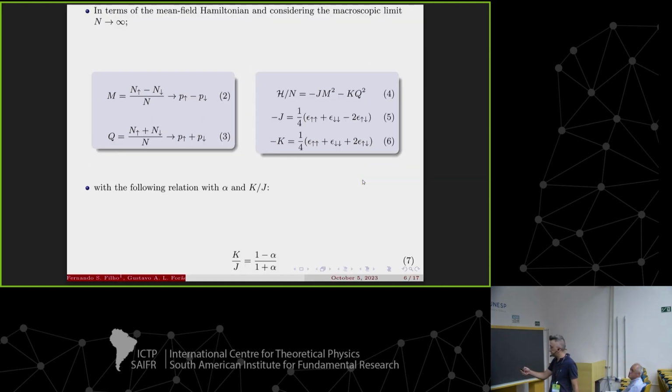If the system presents a cooperative behavior, you can describe it in terms of order parameters, in the case of Q equals 2 and Q equals 3.